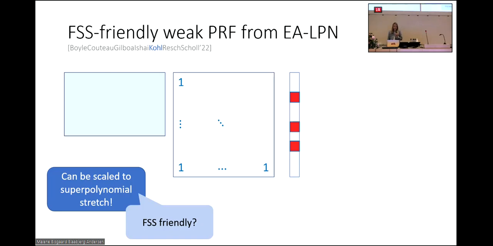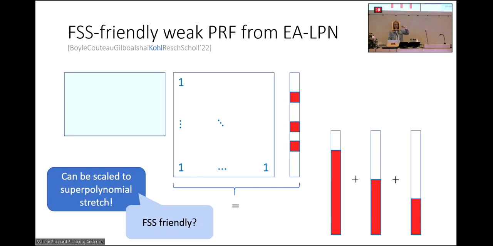And is it FSS friendly? FSS friendly is less clear, because with this accumulate, if I know where my noise positions are, I can use them. But if I distribute it, I don't know where these noise positions are. So this is not obviously FSS friendly. But what I can do is accumulate beforehand, not as a matrix multiplication. Then this will just be interval noise functions.